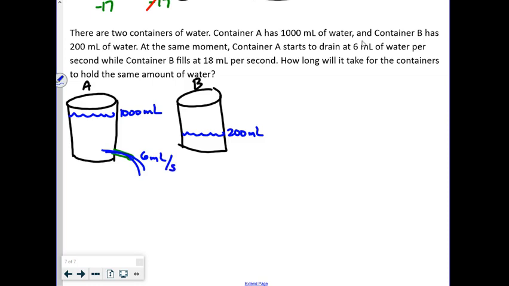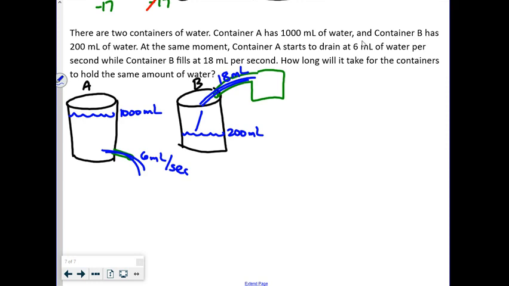Per is, you can do a slash like that. And here, maybe we've got some sort of hose, filling it up here from a water can. That's filling it up at 18. We're gaining 18 milliliters, so this water level is rising.